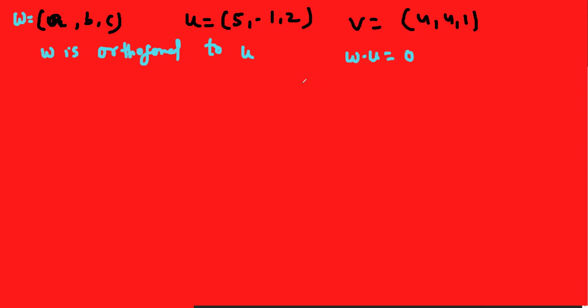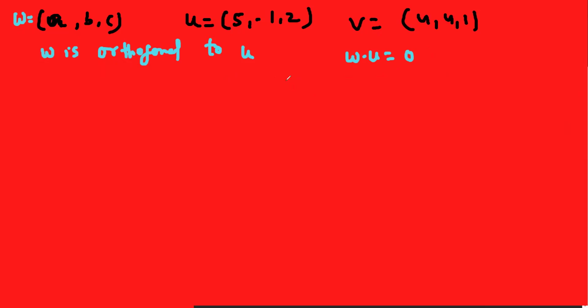What is the condition for two vectors to be perpendicular? The dot product is 0 because cos 90 is 0. So whenever the dot product of two vectors gives 0, it means they are orthogonal. So W dot U must be 0.